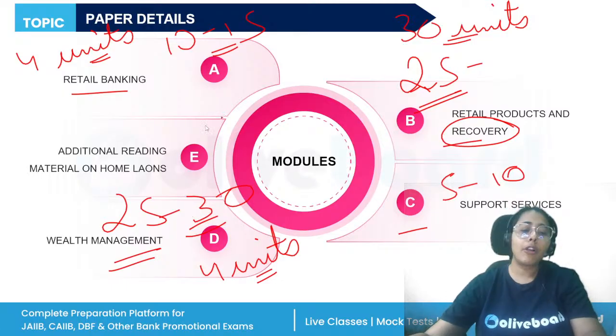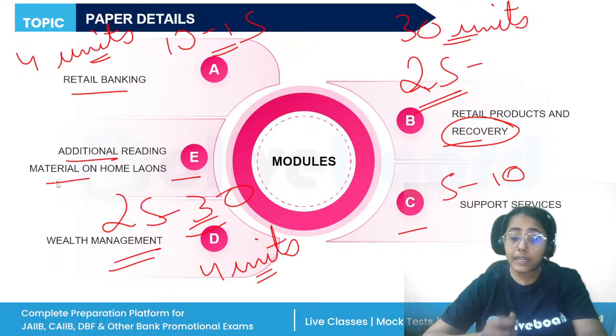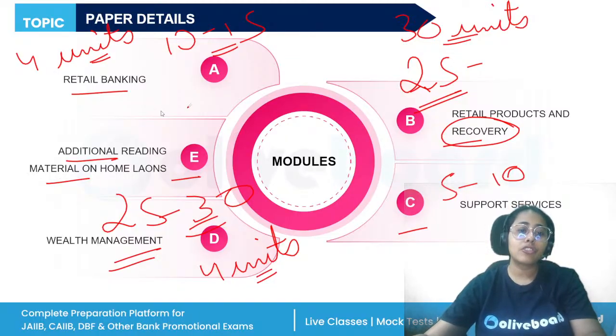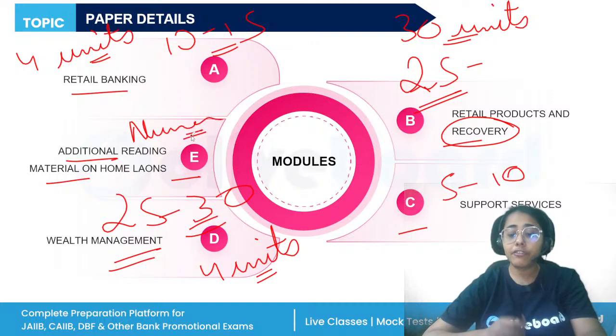And then the module E, which is the additional reading material on home loan. Earlier, the Institute did not ask questions from the additional reading material. But since the last two exam cycles, numerical questions are being asked. That is why we are considering it as the fifth module.